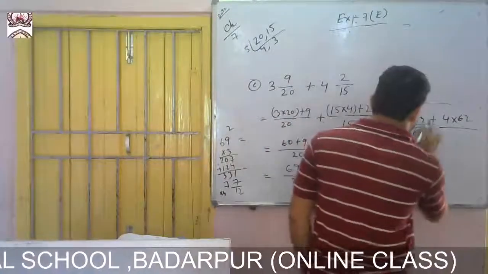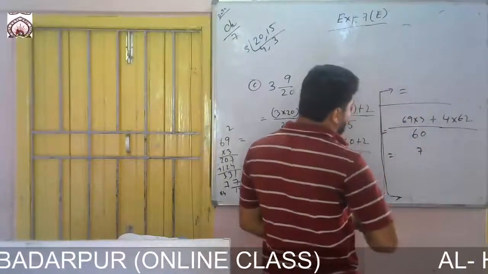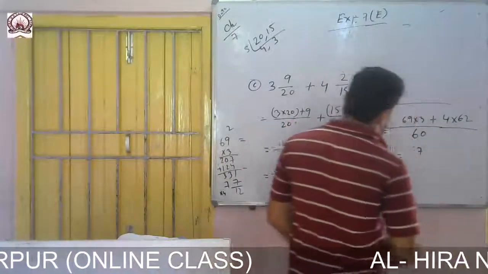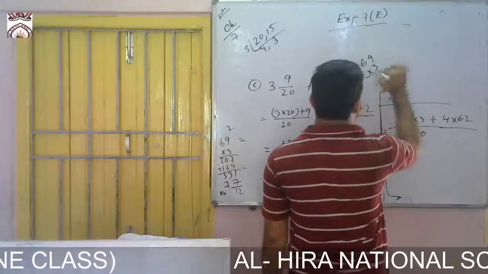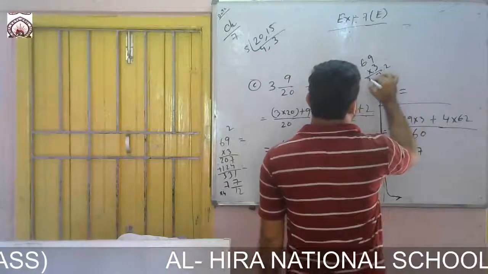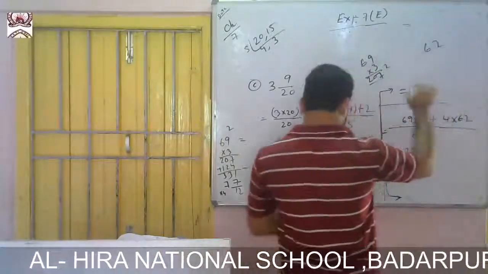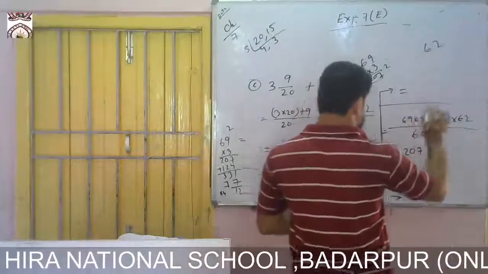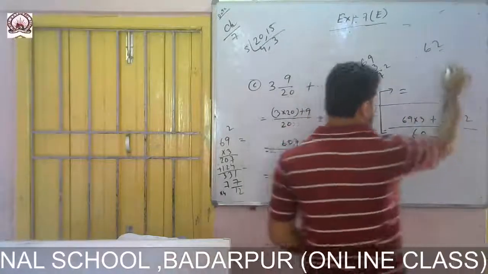69. 7 and 3 9 are 69 into 3. 2 to the 7 and 62 into what? 62.